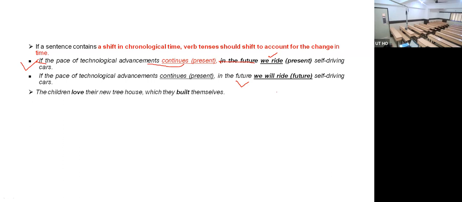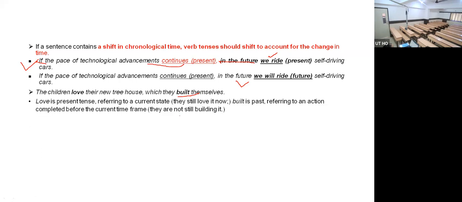Now here again, if you see, they love their tree house means they love the tree house even now. But they built it in the past. Yeah. So we will keep the built. Right? So this is correct. It is not wrong when we say they love their tree house, which they built themselves.